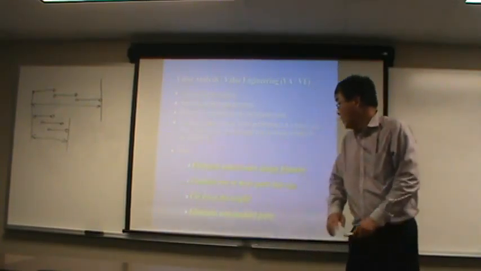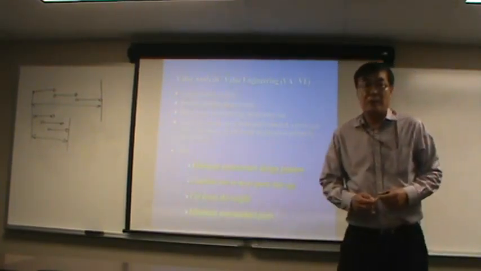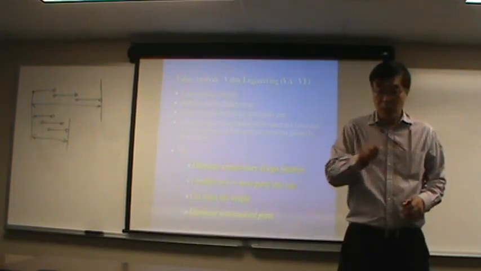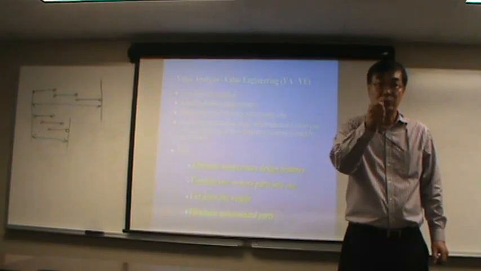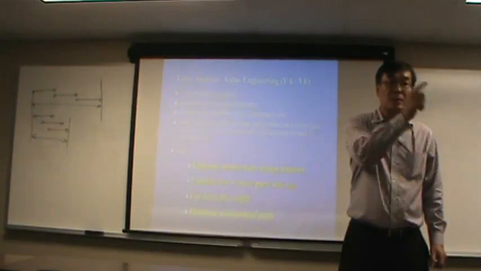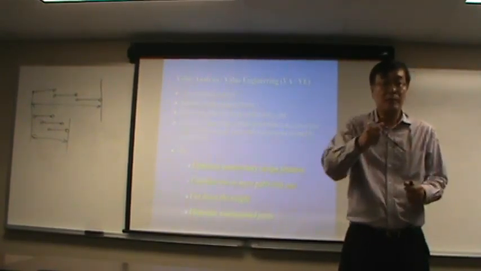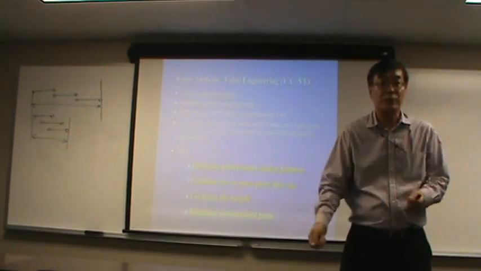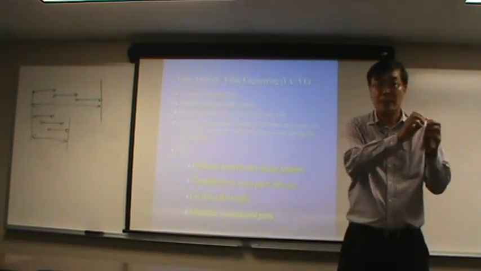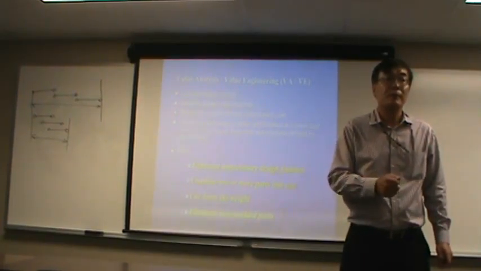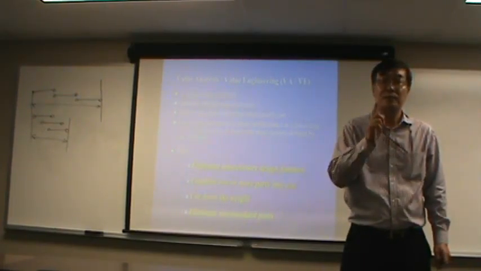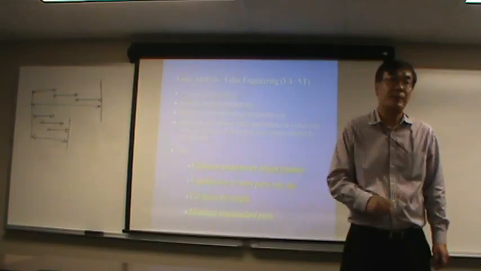And then eliminate non-standard parts. Okay, if all parts are standard, then we need only one size of tool. But standard, non-standard, standard, non-standard, then we change tools, right? If we use all standard parts, then it's easy, that means faster, cheaper, better, right?